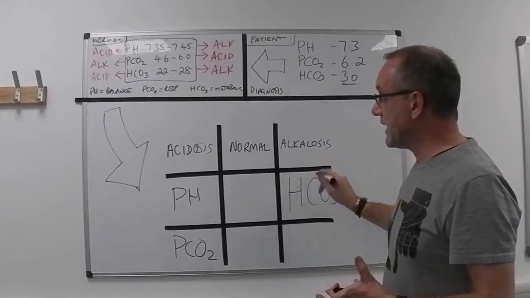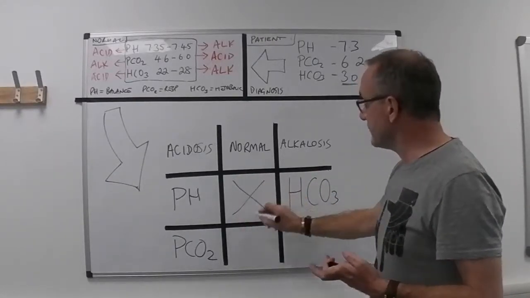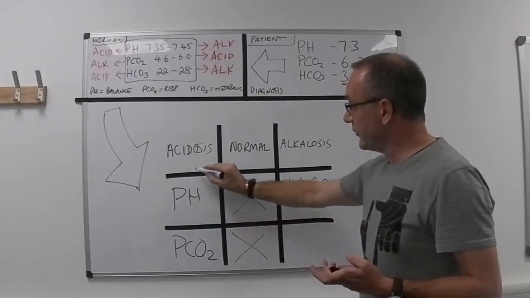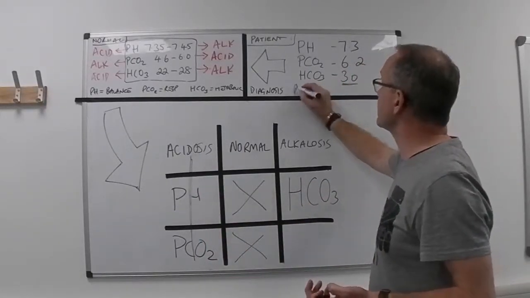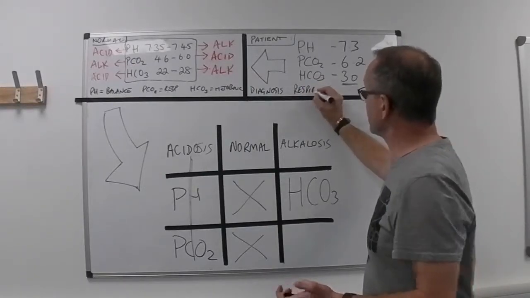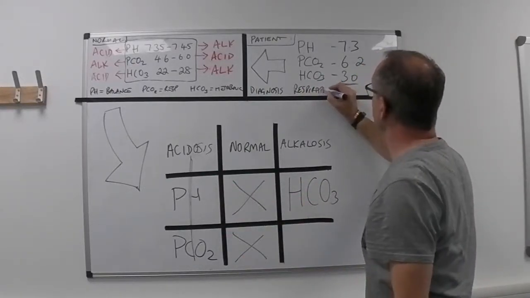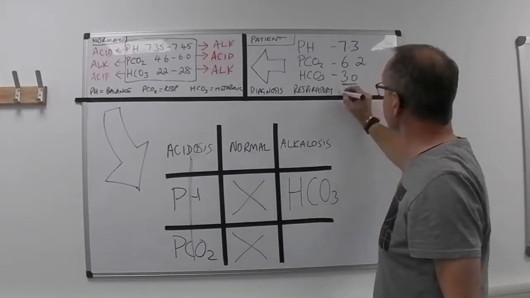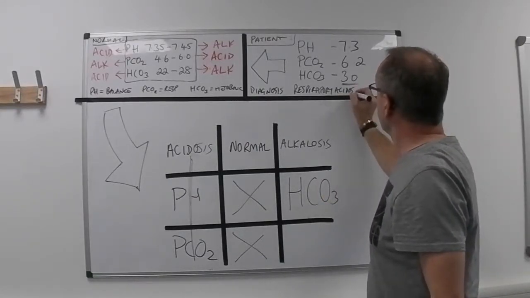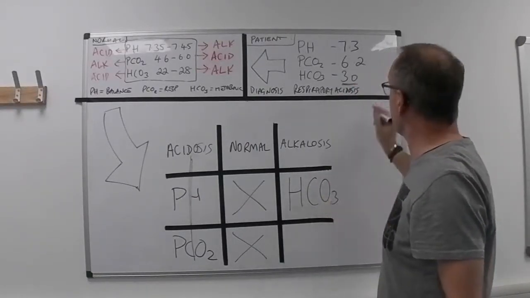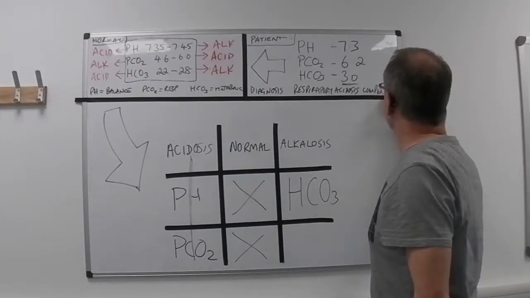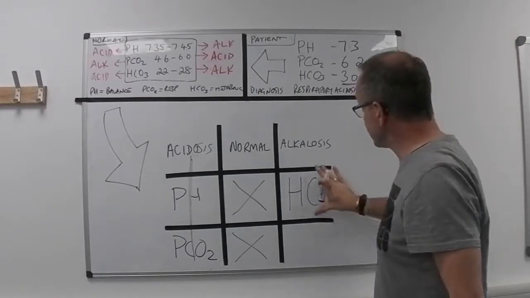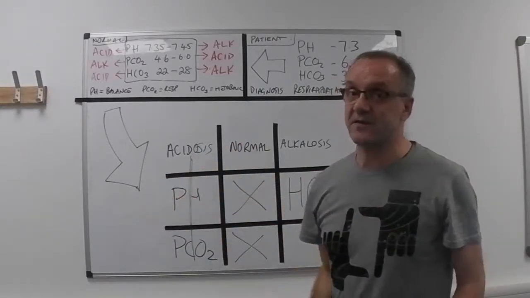Now, what's going on here is we have no readings which are normal, but we do have our line here. So we have a respiratory acidosis, because we can see that, but we also have an abnormality with our bicarbonate. Now, what's going on here is the bicarbonate, or the body's response, is trying to respond to that.